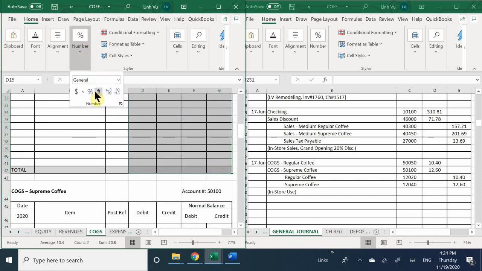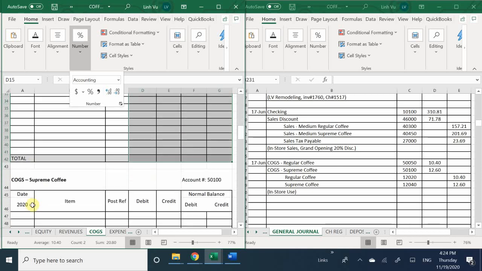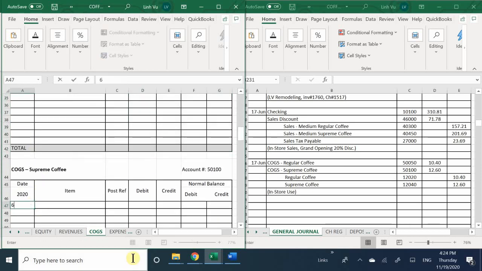And format. All right. So I already indicated that I used up $10.40 worth of regular coffee. What about my Supreme coffee? It was $12. Use $12 and 60 cents. Right.